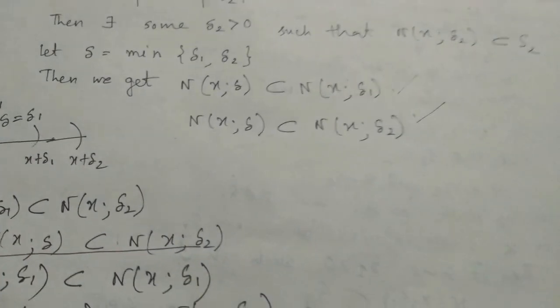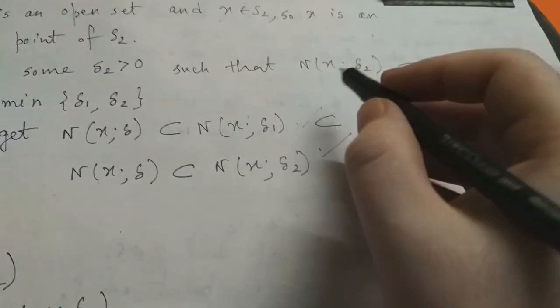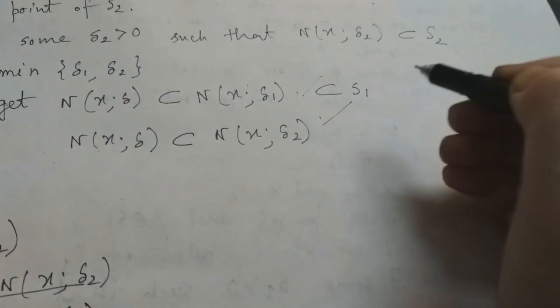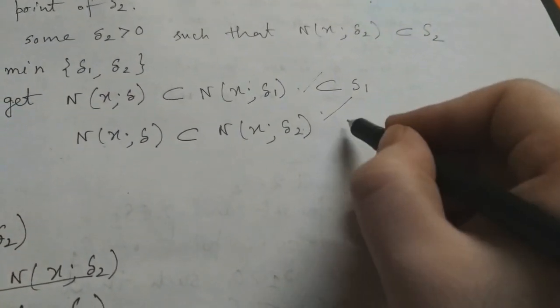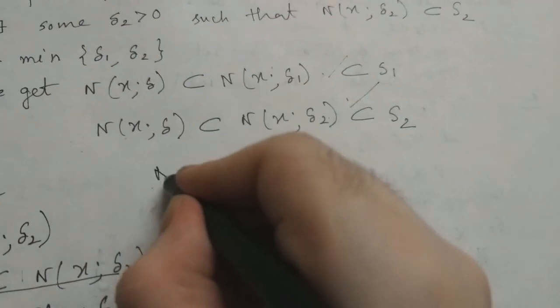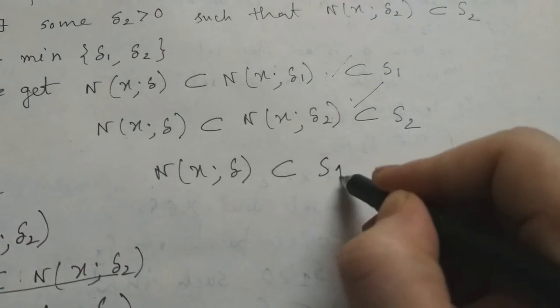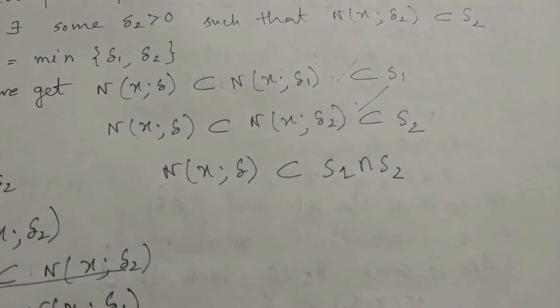Now, this is contained in S1 and this is contained in S2. So obviously the delta neighborhood of x is contained in S1 intersection S2.